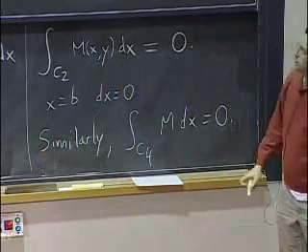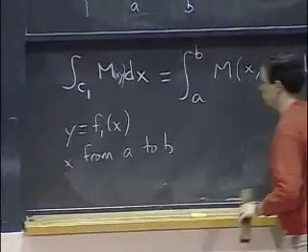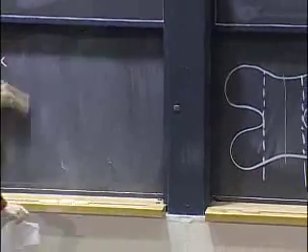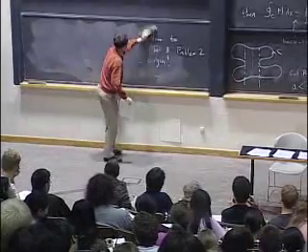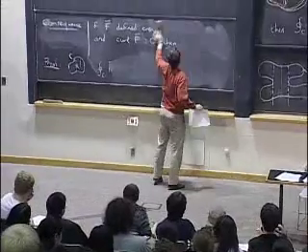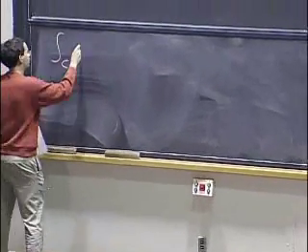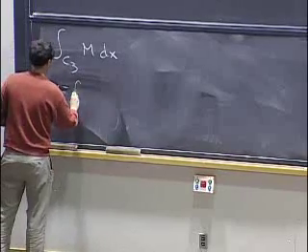What about C3? Well, C3 will look a lot like C1. We're going to use the same kind of thing that we did with C1. So along C3, y is a function of x again.